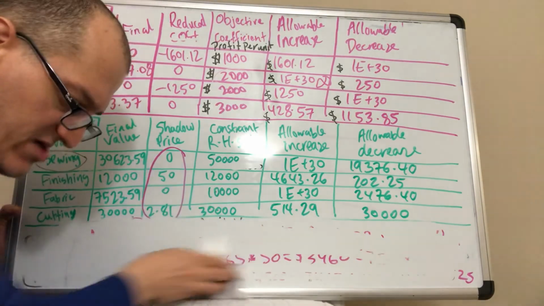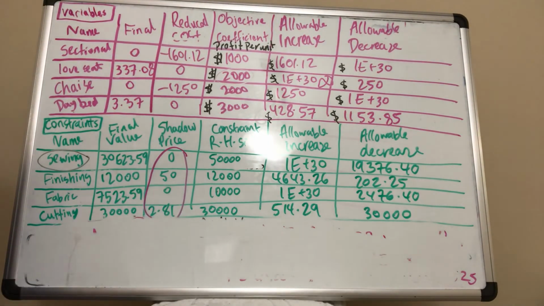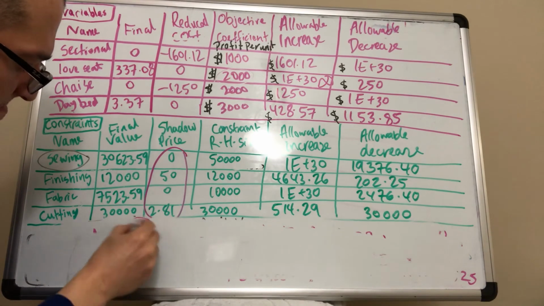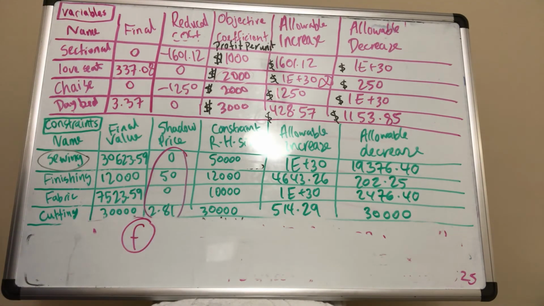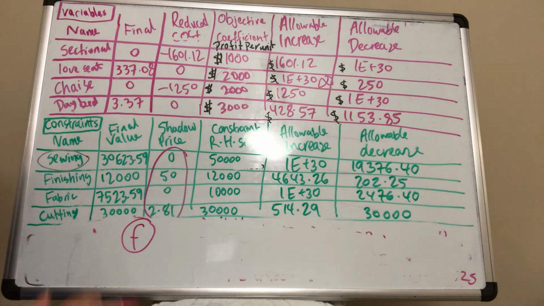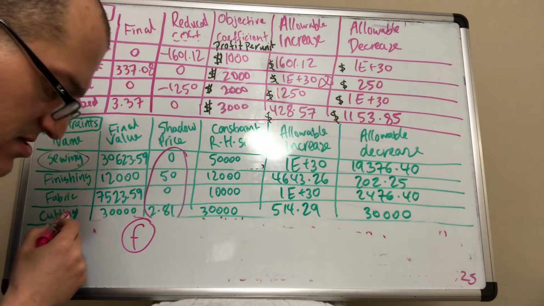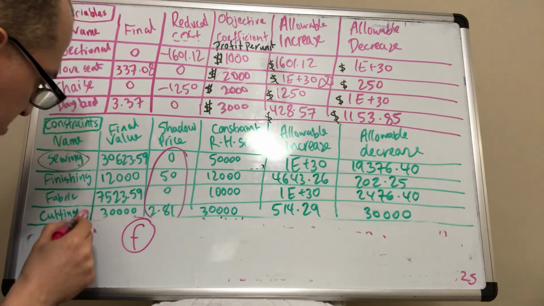So I'm gonna go back to F. I'm gonna do the second part. Second part of F, how many minutes or how many hours they can afford. You see, it was talking about the cutting. Yeah, you see the cutting here?